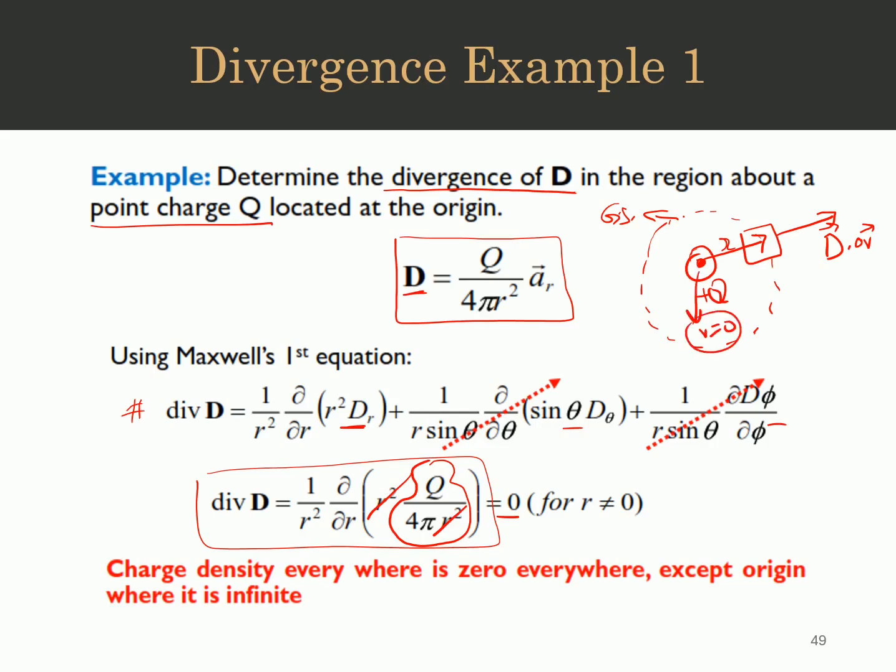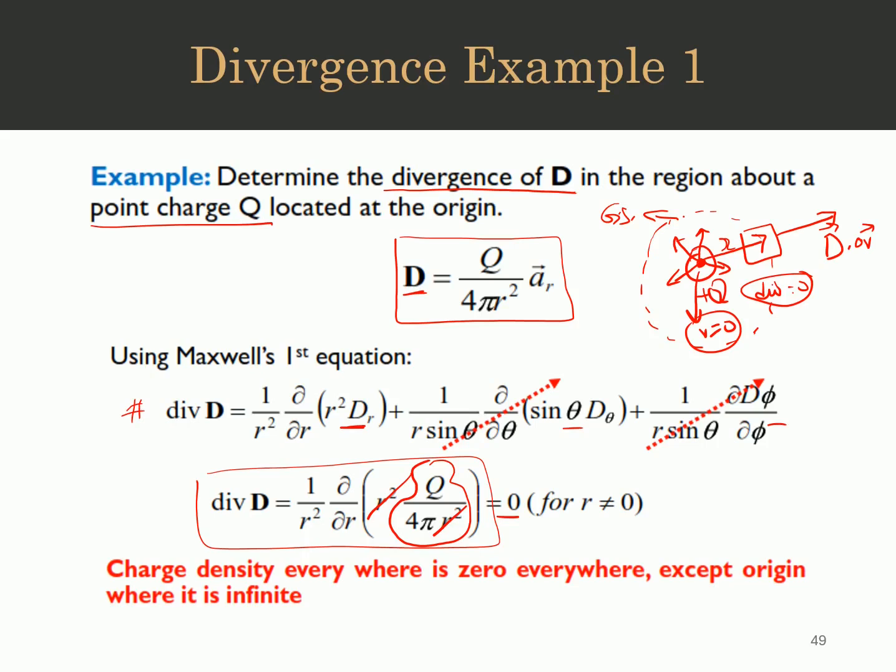So whenever you have any point other than the origin, the divergence will be 0, which means that divergence is only going to exist whenever we have a charge, because in the beginning we said divergence means the spreading nature of vector fields.